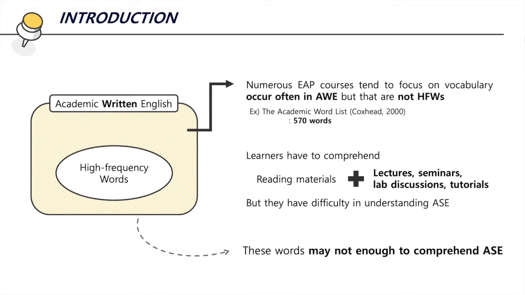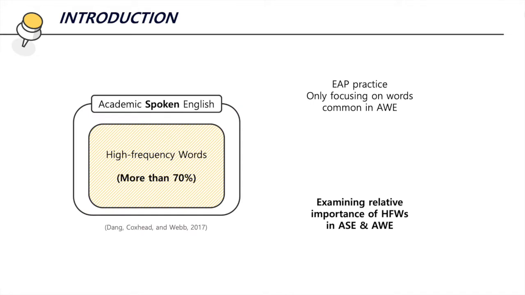This indicates that words in academic written English outside of high-frequency words are not enough to comprehend academic spoken English. According to Dunn, Coxhead, and Webb, high-frequency words take up more than 70% of the most frequent words in academic spoken English. This brings up the need for looking into the relative importance of high-frequency words in academic spoken and written English, not only focusing on vocabulary common in academic written English.